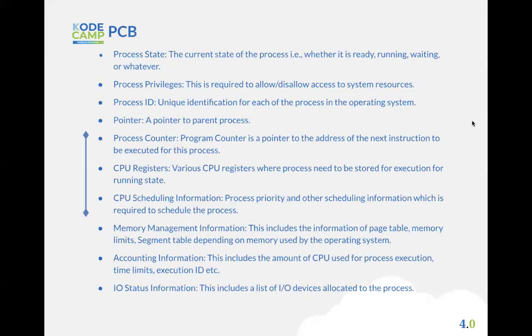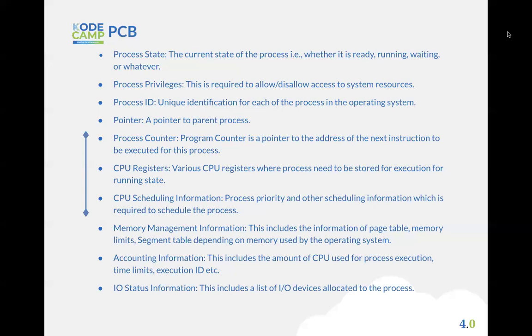So to look more into that, we can see the process state, which is the current state of the process at a particular point in time, whether it is running, waiting, ready, executed, or terminated. The process privileges: what the process is allowed or not allowed to access with regard to the system resources, like memory, and what level of access it has.